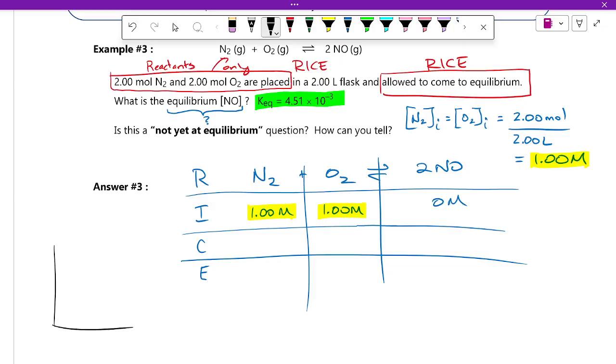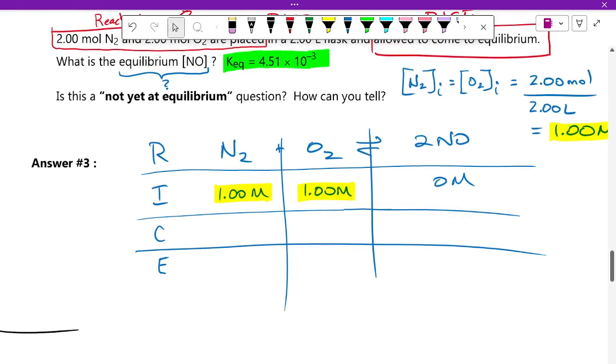X. So we have to be shifting to the right, because we don't have anything there. So this has to go up, this has to go down, this has to go down. If we have an unknown, what could we put in for the unknown? X.